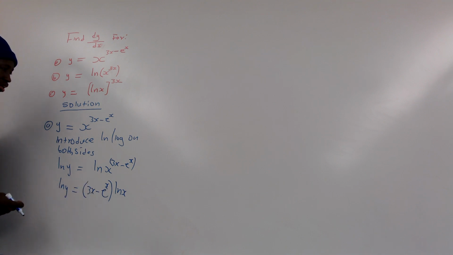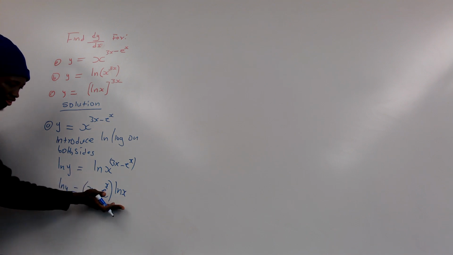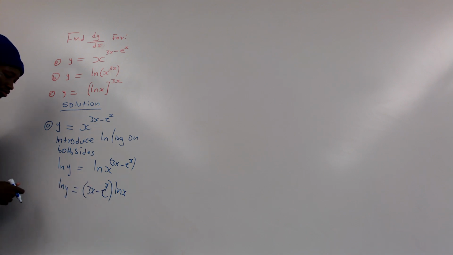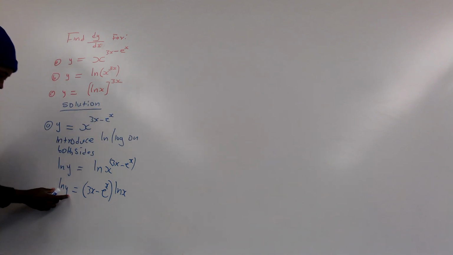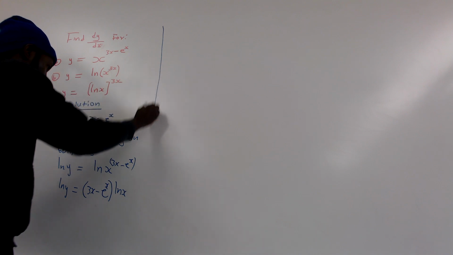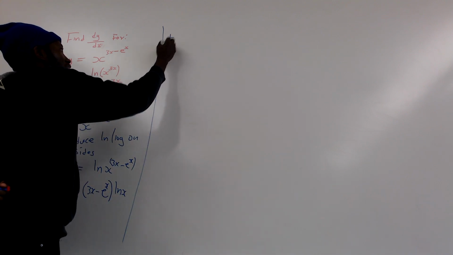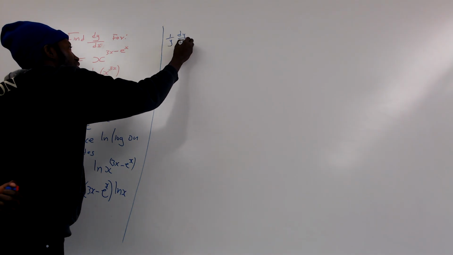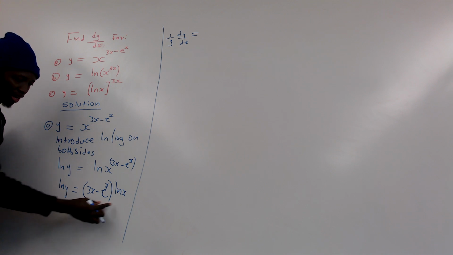And the second step: we differentiate, because we are required to find the first derivative. We differentiate both sides, ln y as well as the right hand side. The differential of ln y is 1 upon y times dy/dx, equals, on the right, two terms: the bracket and ln x.